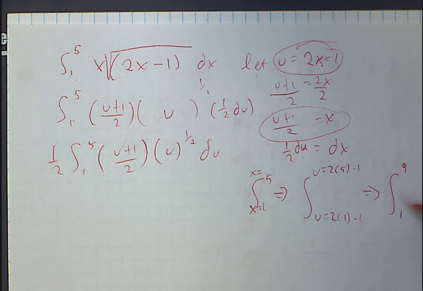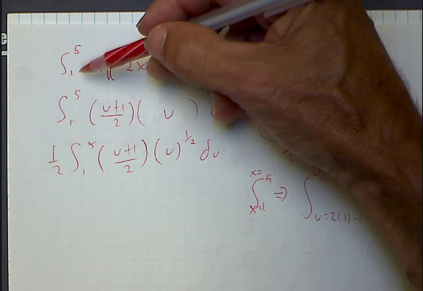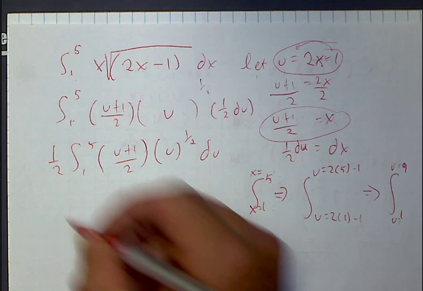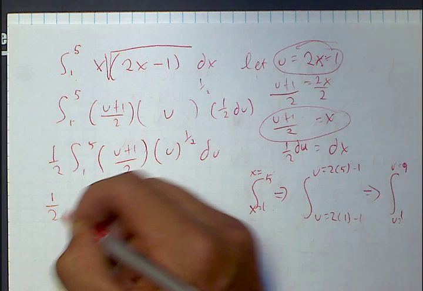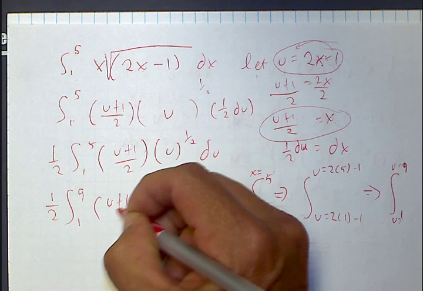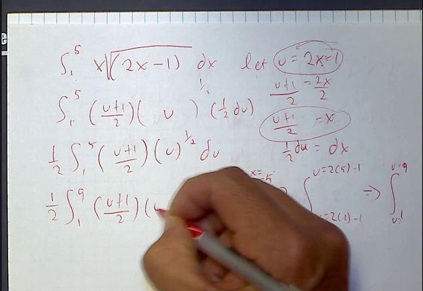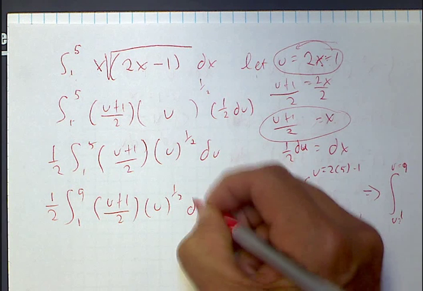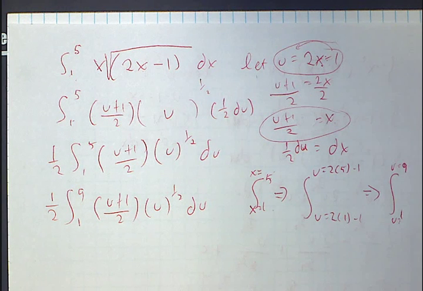That'll be my new bounds right there: u equals and u equals instead of x equals and x equals. So my final equation I'm about to integrate is this guy. Now everything is with respect to u.